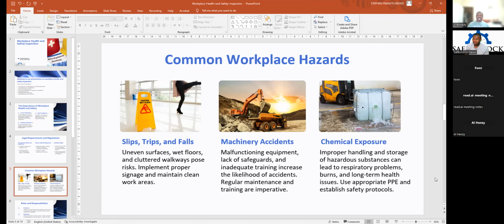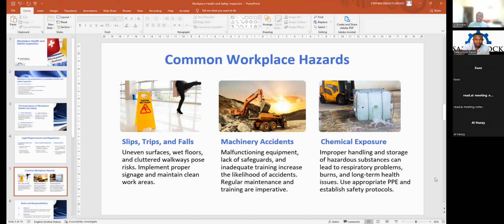The maintenance of this equipment is also important, because regular maintenance and training are very, very important and imperative that these are available on site. These things are done or practiced on site in order to prevent such risks that are associated with equipment hazards in the workplace.